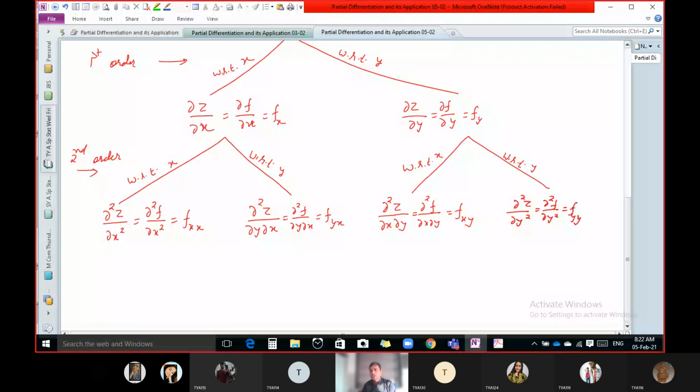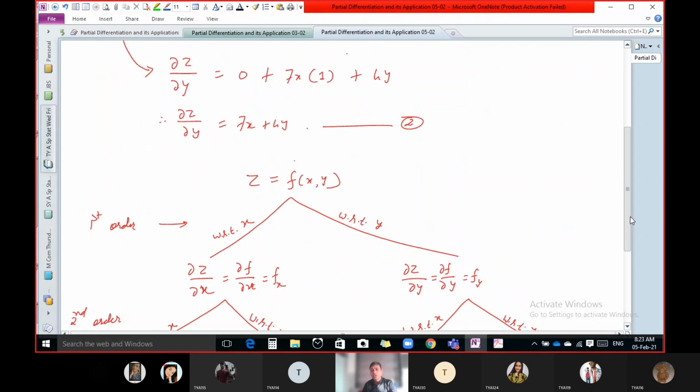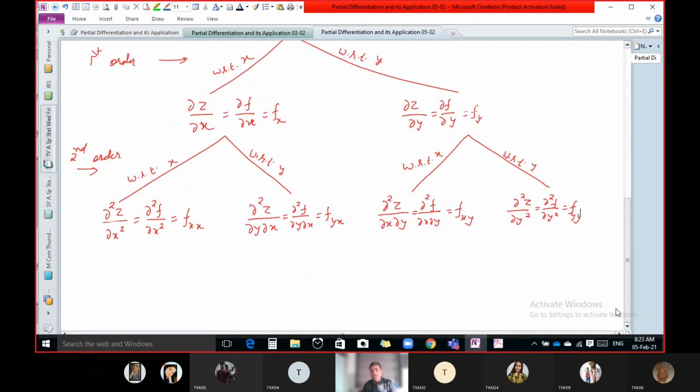So this is what we have to study in this topic, up to second order derivative, but it is partial differentiation. And these two values, fyx and fxy, are always equal.